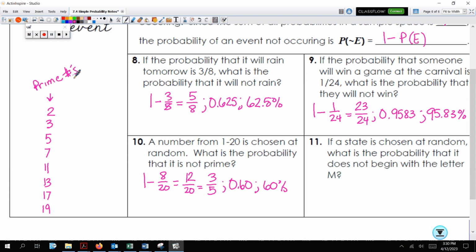All right, 11. If a state is chosen at random, what is the probability it does not begin with the letter M? Now we've got to think about all the states that start with the letter M. We have Maine, Maryland, Michigan, Minnesota, Montana, Mississippi.